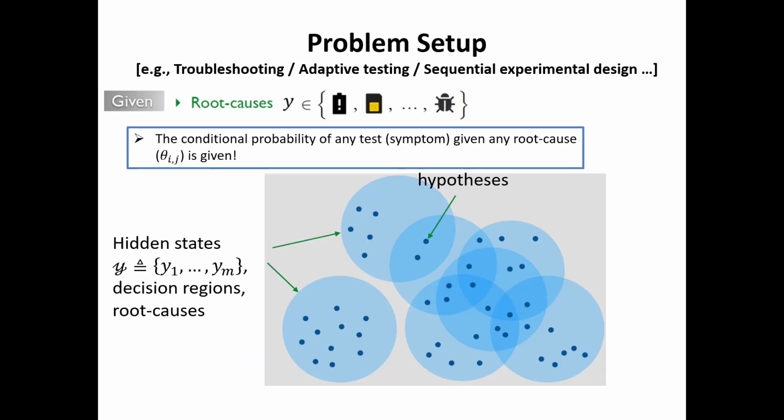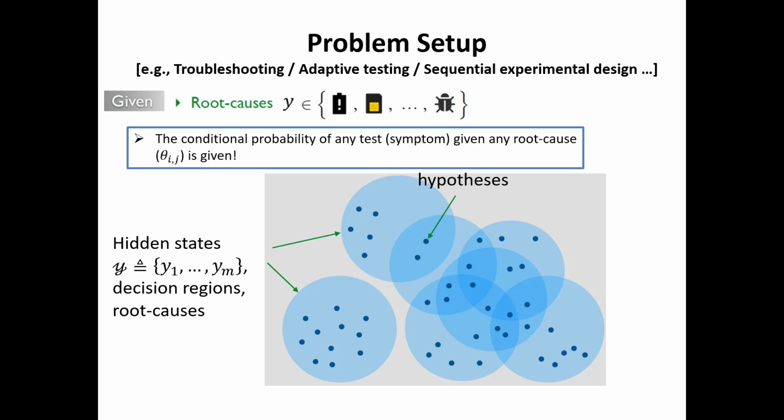In addition, we have some hidden states or decision regions which are shown by y1 to yn. They correspond to these larger regions shown in this picture, and each of them consists of a subset of hypotheses, as you can see here, and they can be overlapping.